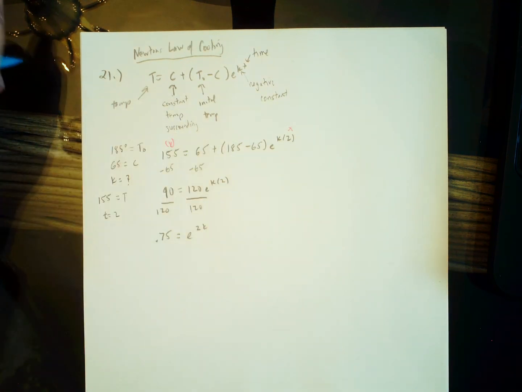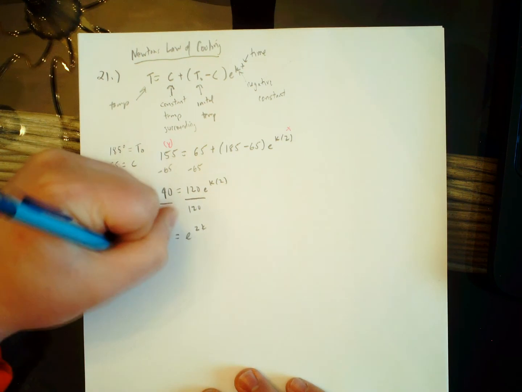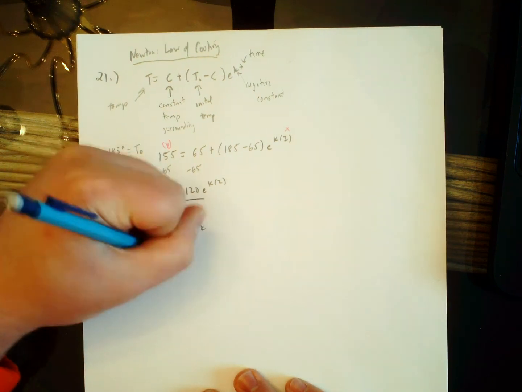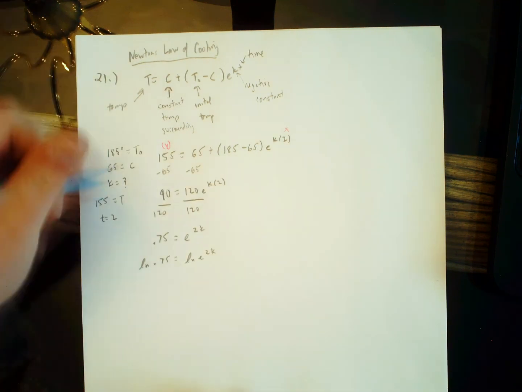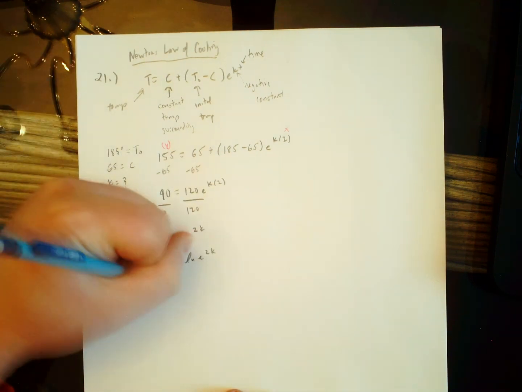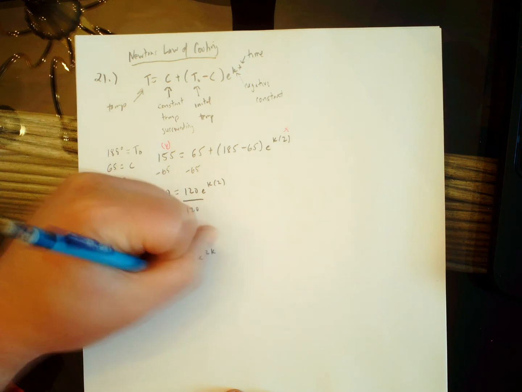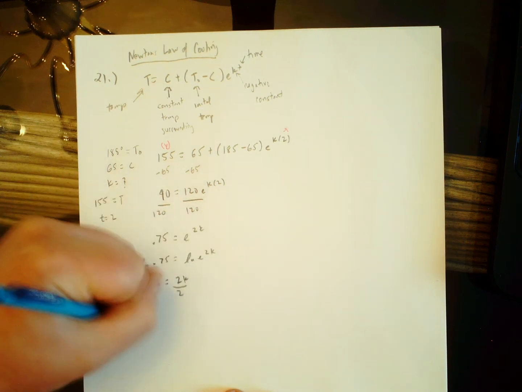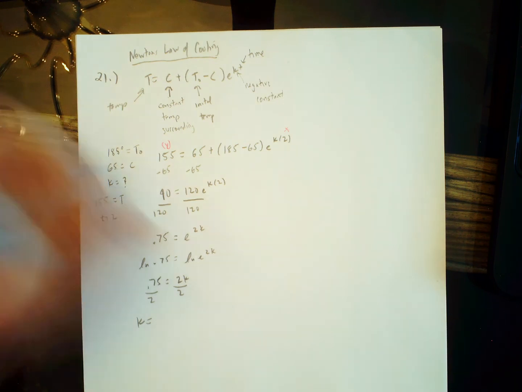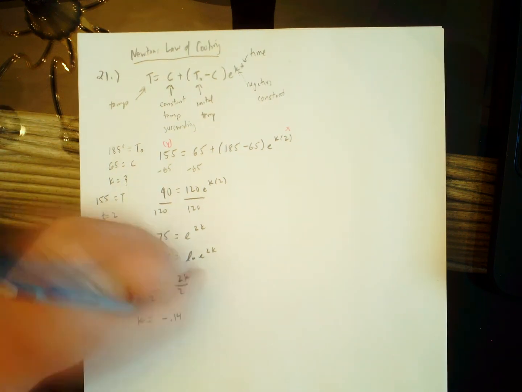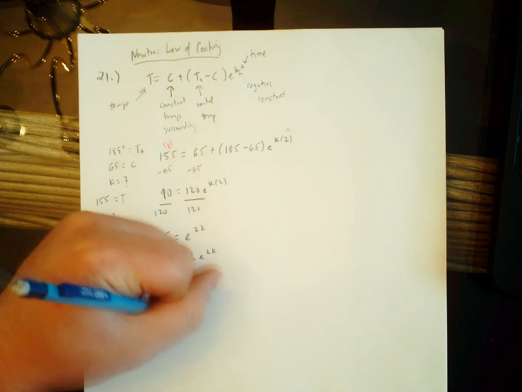And now I'm just solving like we always do. ln both sides. So that's going to be the ln of 0.75 equals 2k, divided by 2, divided by 2. And k equals, when you put it in the calculator, you should get something like negative 0.1438.